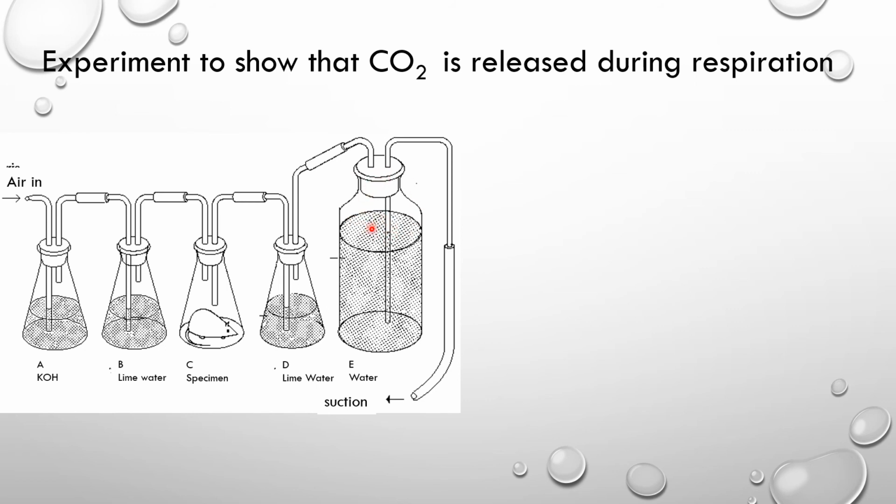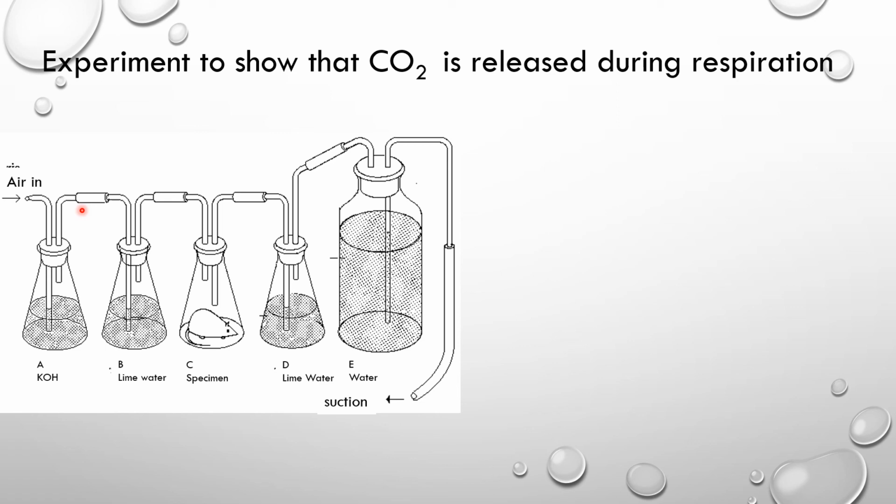To fill that air gap, air inside these other bottles is going to move into bottle E. So it creates an air flow from bottle A to bottle E. As the air enters setup A, carbon dioxide in this entered air is absorbed by the potassium hydroxide. So the air leaving bottle A does not contain carbon dioxide and it is free from carbon dioxide.